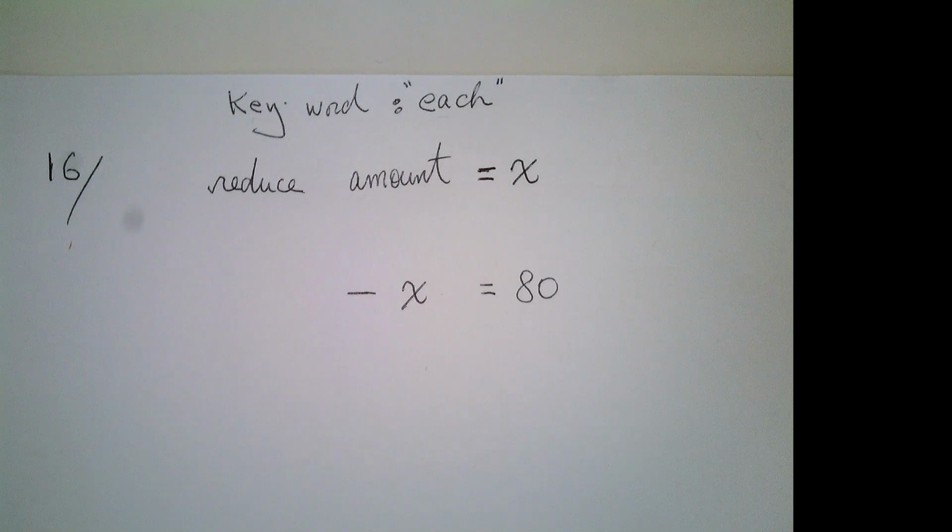How do you find the cost of each? Of course, you divide the $3 by 5. And how much would that be? Let me see, $3 divided by 5 is 60 cents, right? 60 cents each.